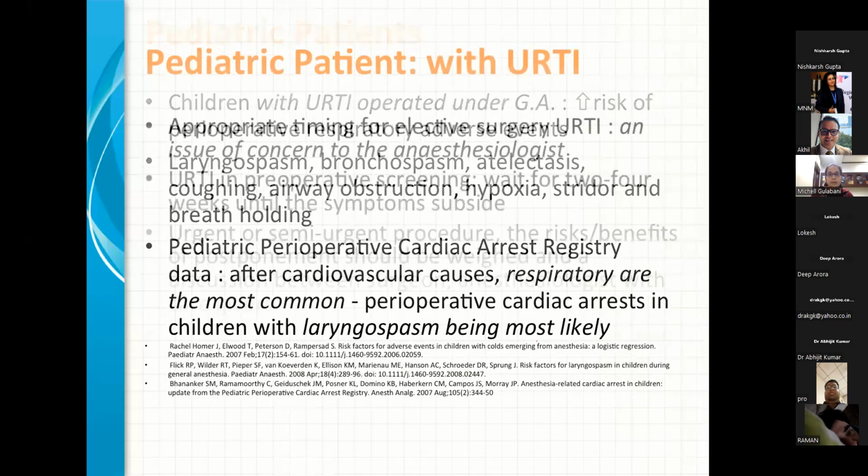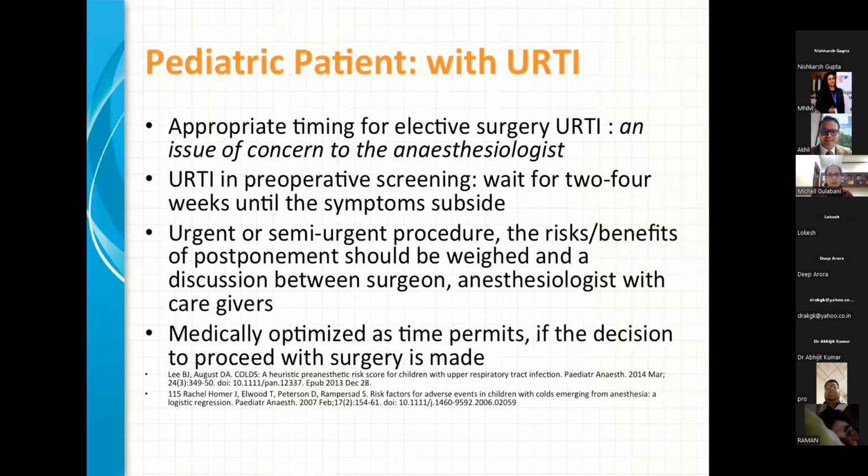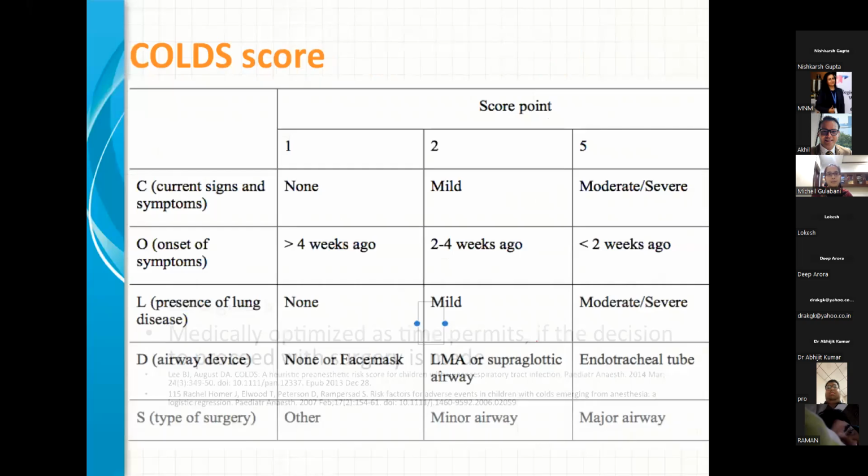The appropriate timing is always a concern to the anesthesiologist. So 2 to 4 weeks is good for an elective surgery. For urgent or semi-urgent procedures, the risk and benefits should be weighed after discussion between the surgeon, anesthesiologist, and caregivers. And the patient should be medically optimized as time permits if the decision to proceed with surgery is made.